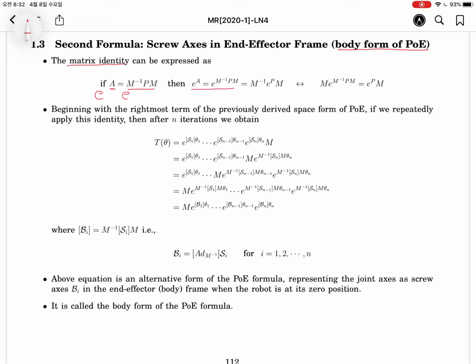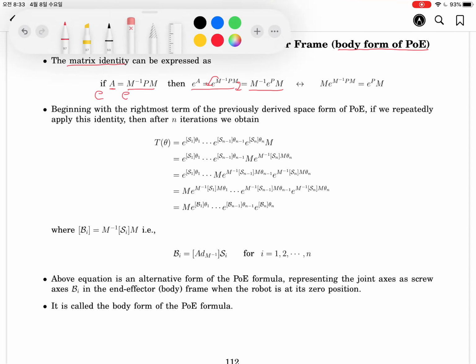Then we have this equation, is it right? At that time, this M, M inverse, we can write down this equation. It was proved in the front part of chapter 2.